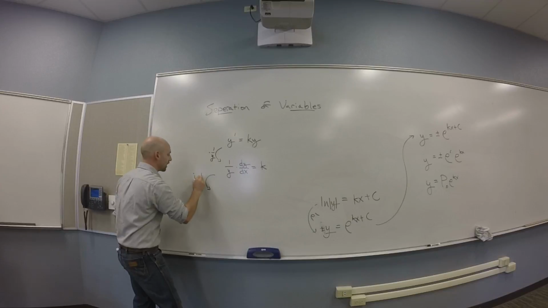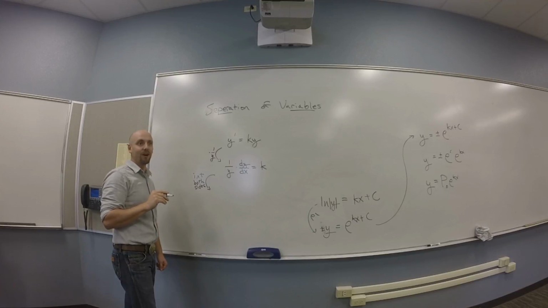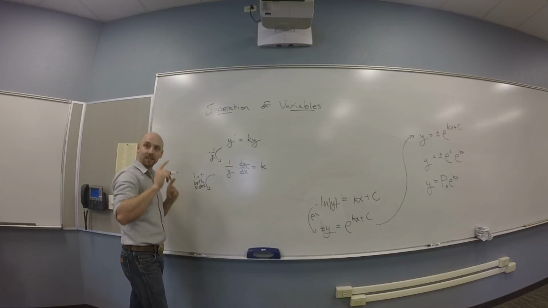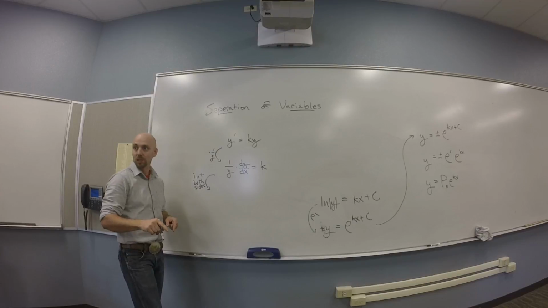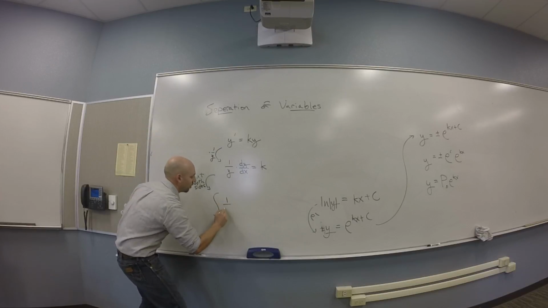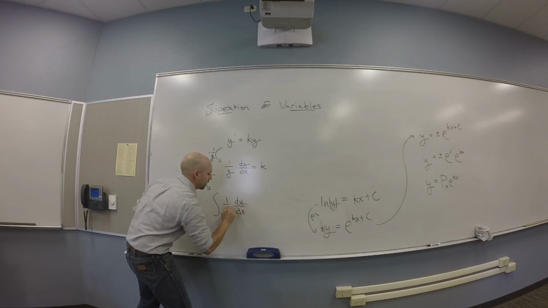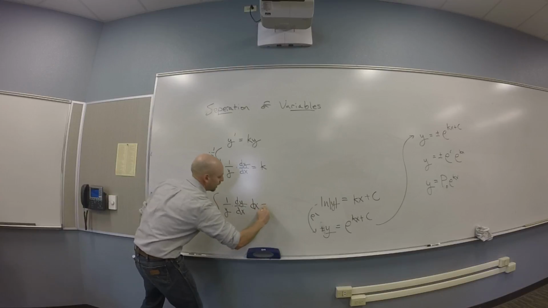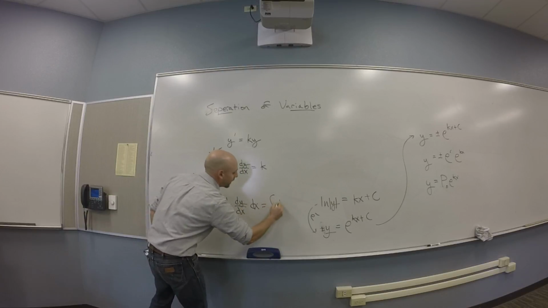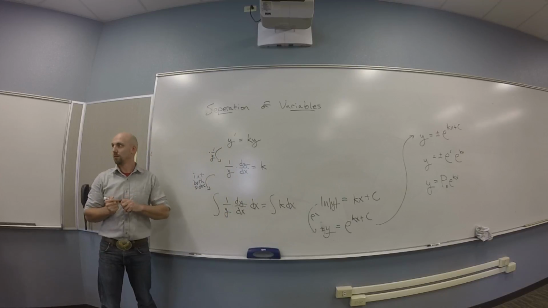So I'm going to integrate both sides. And this is not some BS about slap a d-eater on there. This is actually calculate the antiderivative function for both sides with respect to x. So I'm getting the integral of 1 over y times dy dx with respect to x. And apparently that ought to be the antiderivative of k with respect to x. You guys all see that? Yeah.